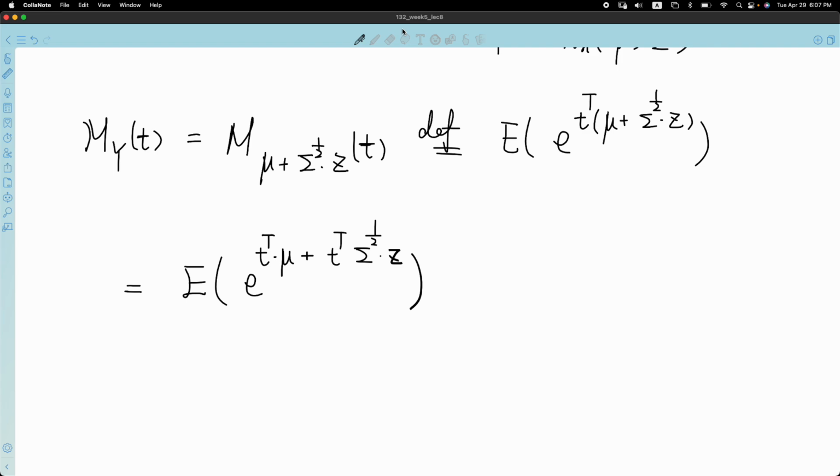A scalar, right? What is the dimension of T transpose sigma 1/2 Z? Is it 1 by n? I'm talking about the T transpose and the sigma 1/2.